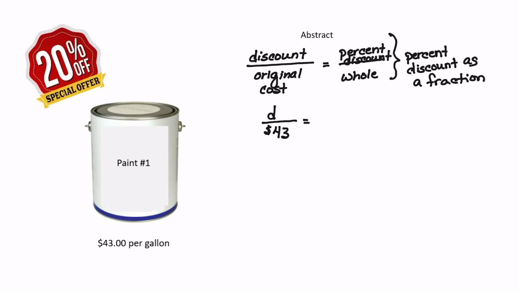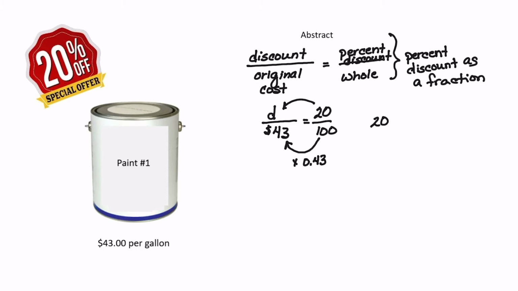And I know 20% as a fraction is 20 over 100. Now I'm going to have to do some multiplication. What times 100 is going to give me 43? I'm going to multiply that times 0.43. Anything that you do to the denominator, you have to do to the numerator. So I'm going to do the same thing up top.